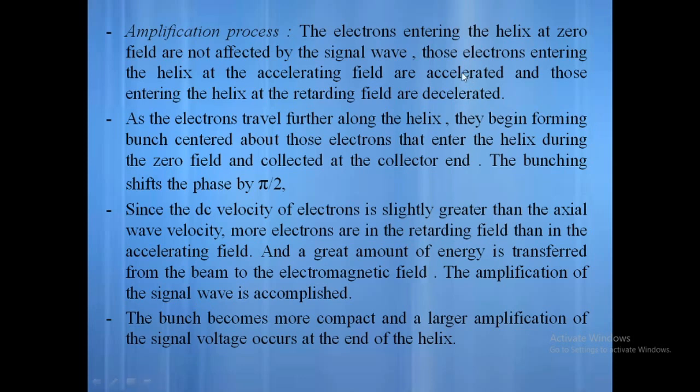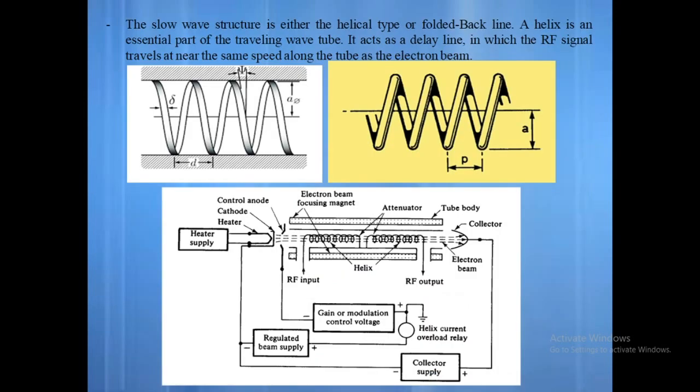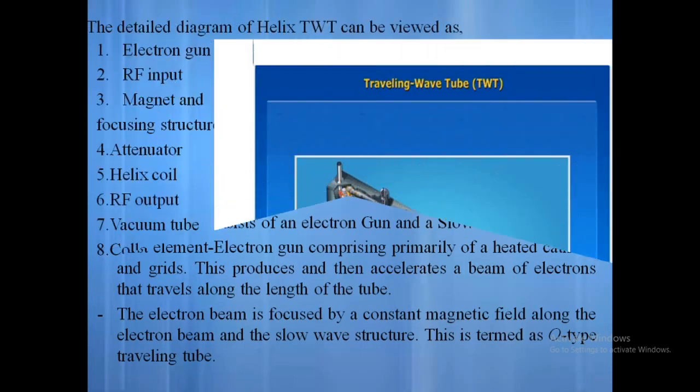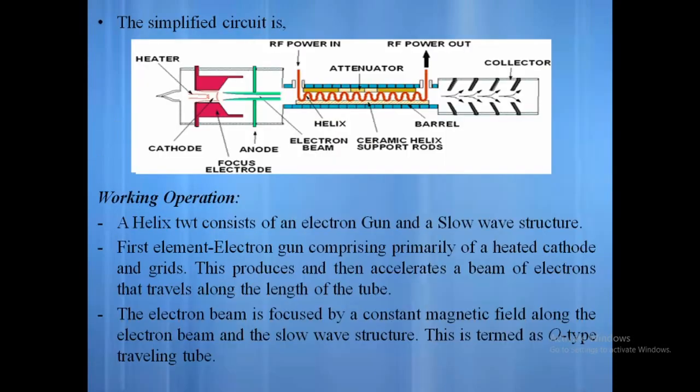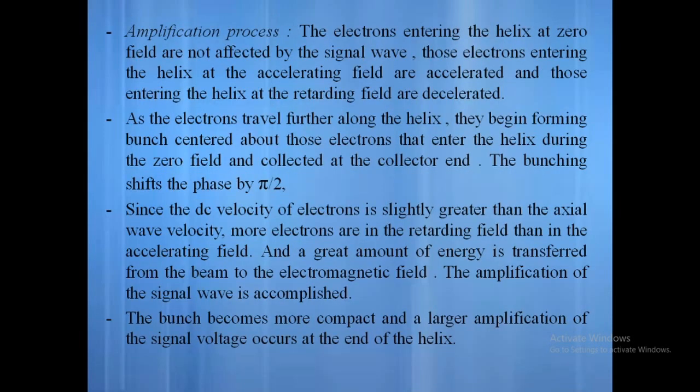Whenever the RF input is provided, during the positive cycle there is a chance of the electrons being accelerated, and during the negative cycle the electrons are decelerated. So whenever the negative cycle occurs, there is a chance of late electrons combining with early electrons, which forms a group of electrons called bunching.